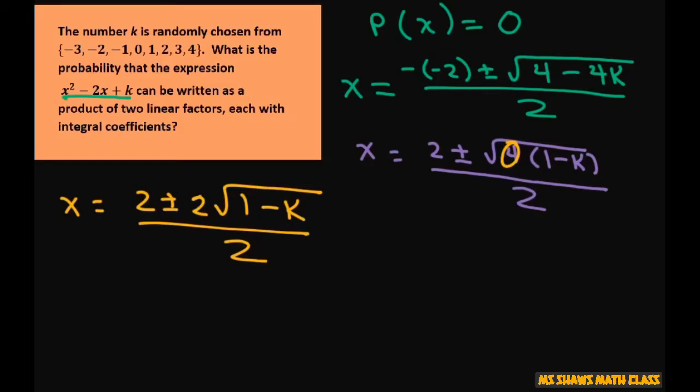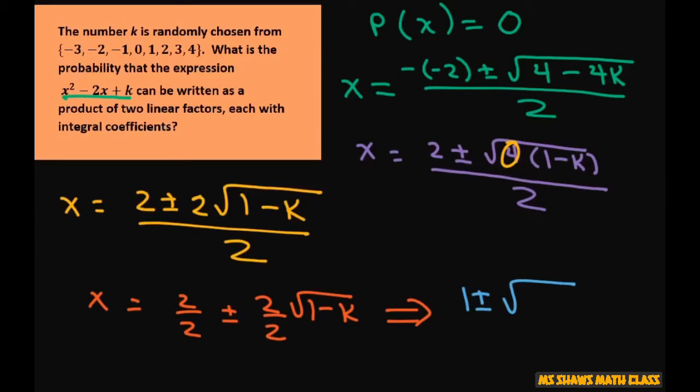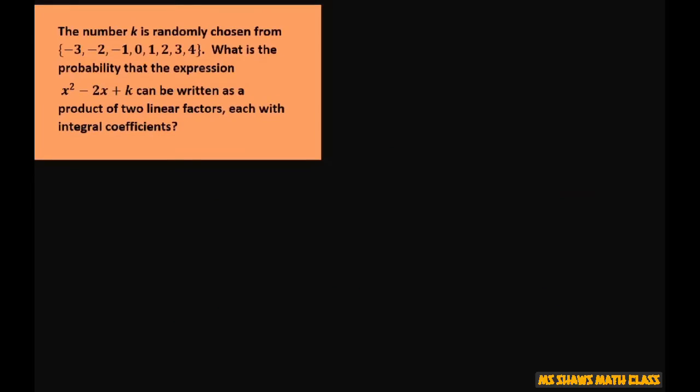And finally, I can reduce this as x equals 2 divided by 2 plus or minus 2 divided by 2 times the square root of 1 minus k. So this equals, finally, 1 plus or minus square root of 1 minus k. Now, I'll write this here: 1 plus or minus square root of 1 minus k.